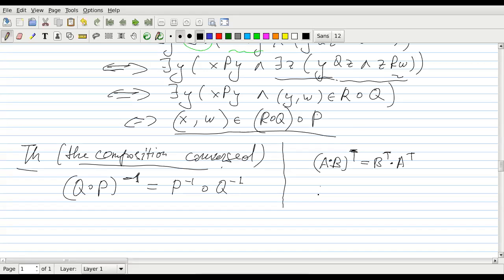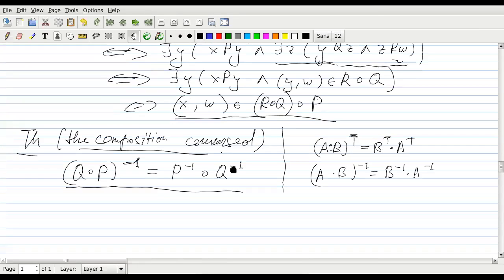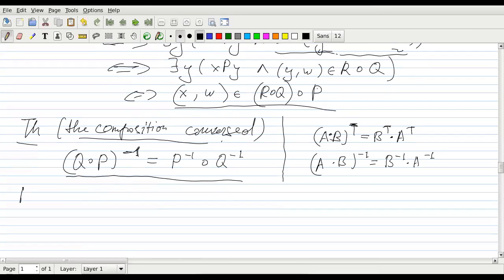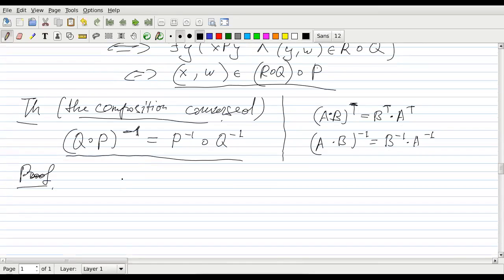Yes. And what is the inverse of the product of two matrices? B inverse times A inverse. We see the same law. Don't you agree? Yes. So there is a clear algebraical analogy.